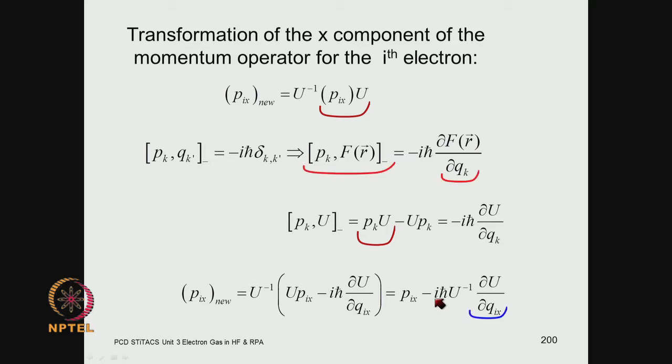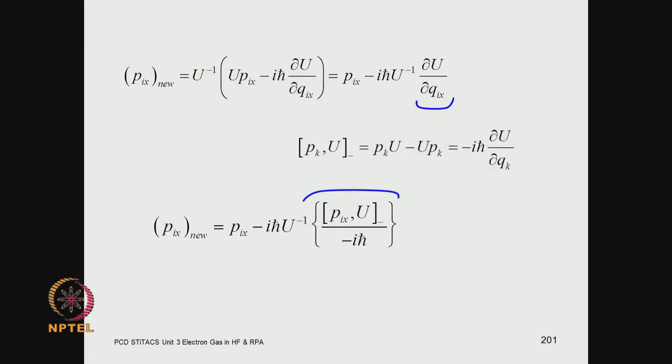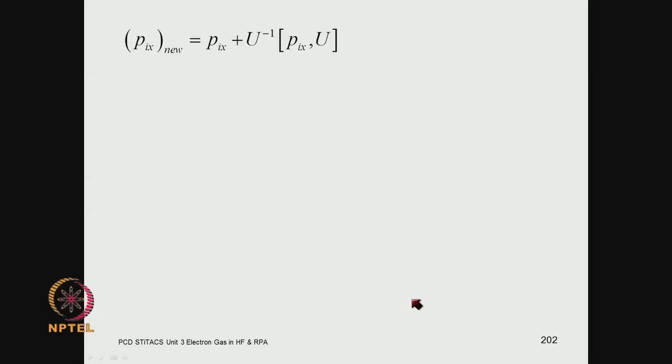All right, which you can again write in terms of the commutator, just as we did in the previous step. So we can write it in terms of the commutator, which is over here, and now again you can cancel this minus iħ, and you have got the new transformed momentum operator.